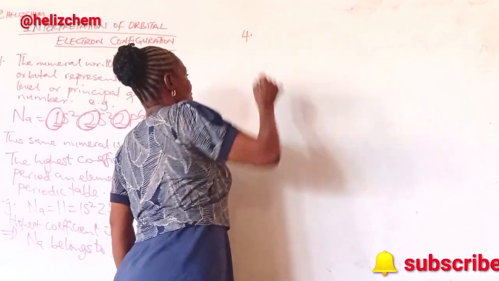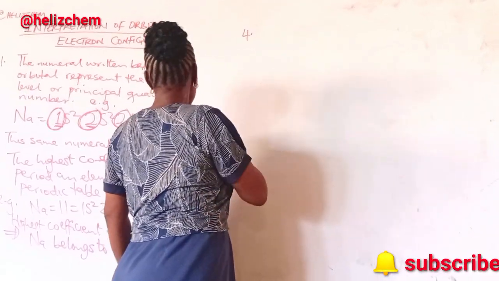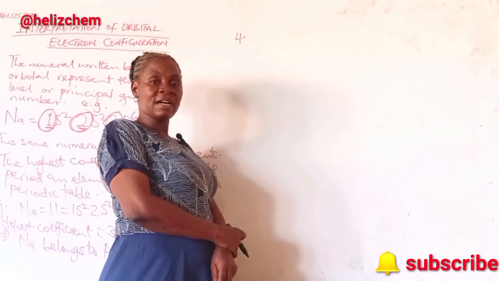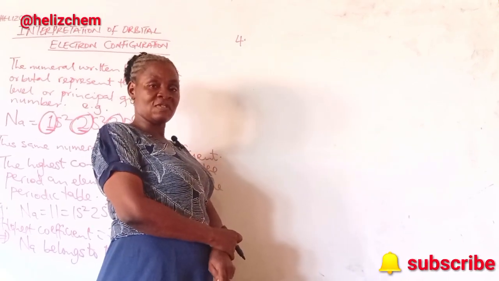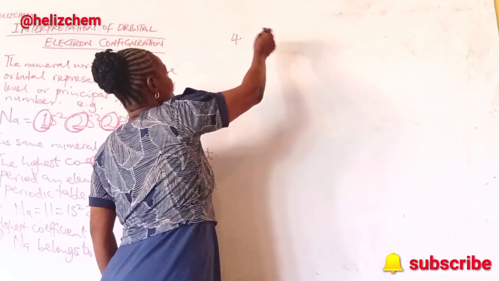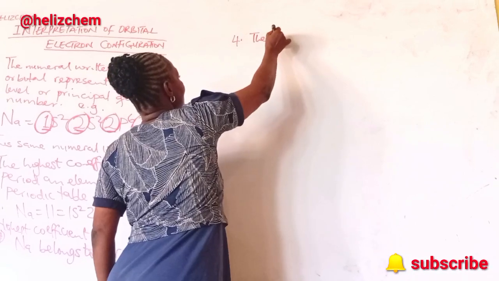Point number 4 that you can deduce from the orbital electron configuration is this.